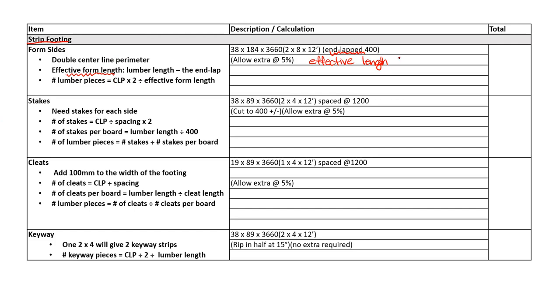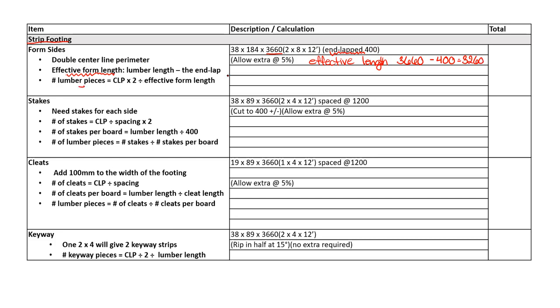The length of the material is 3,660 millimeters minus 400. You'll notice it gives us the specs in both metric and imperial. It's easier to work in metric with this rather than flipping between feet and inches all the time. So 3,660 minus 400 gives me 3,260 millimeters. Here's our effective length.